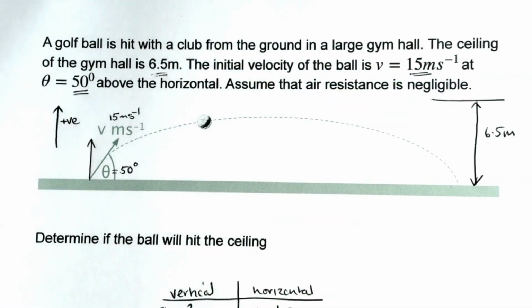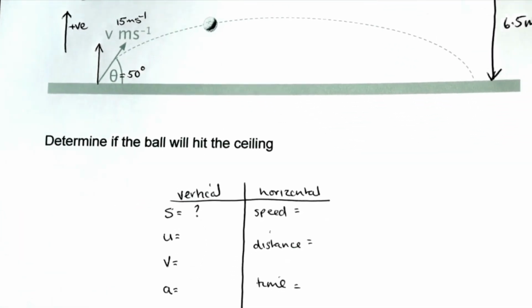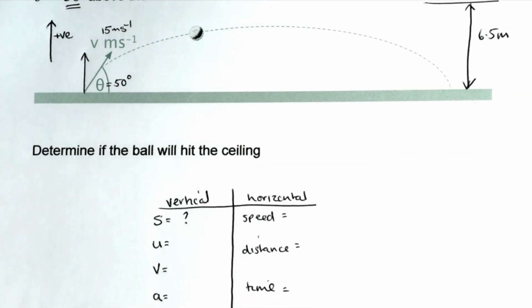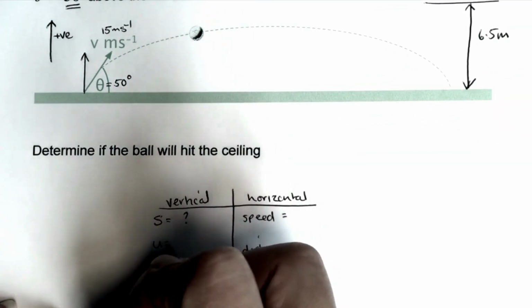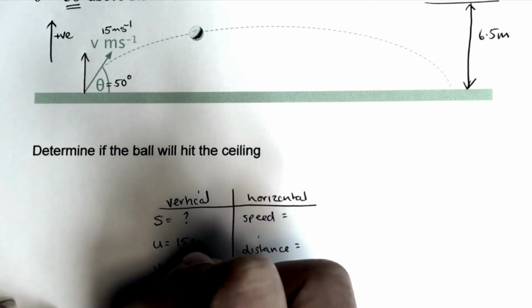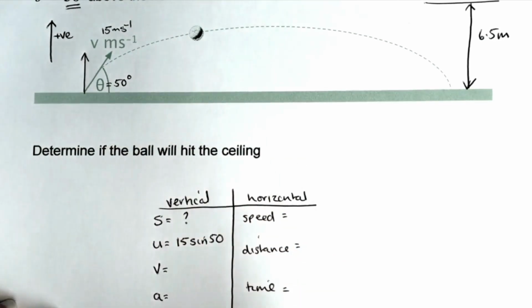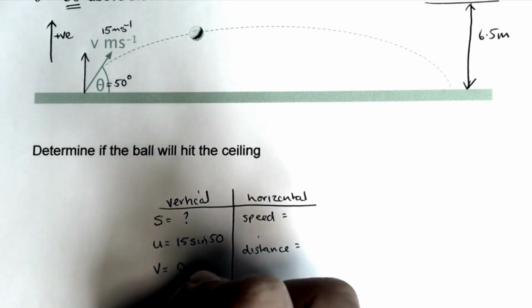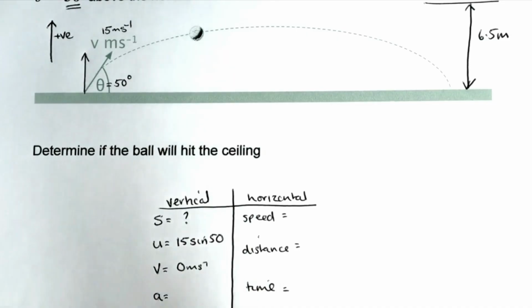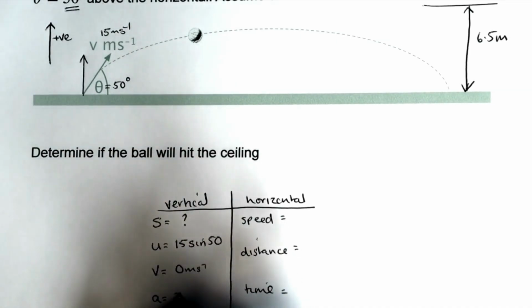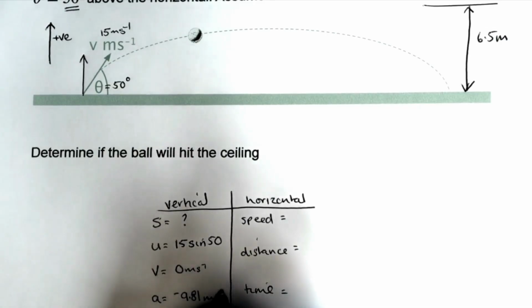And we have to use our understanding of trigonometry or SOHCAHTOA to work out what that vertical velocity would be. And in this case, it is 15 sin 50. The final velocity of the ball, when it reaches maximum height, will be 0 meters per second. And the acceleration will be minus 9.81 meters per second squared.